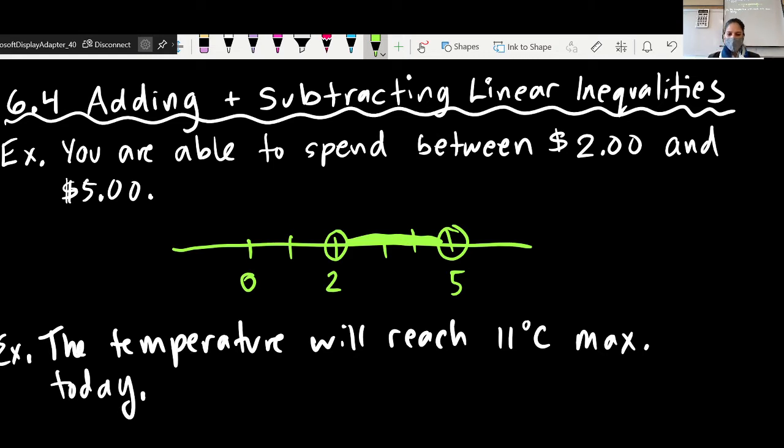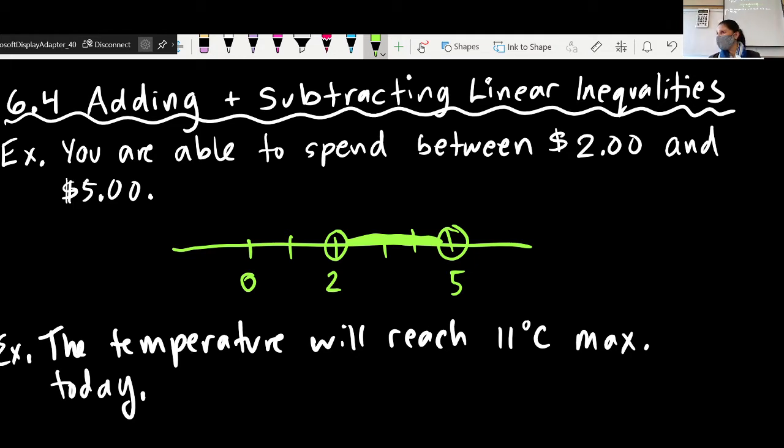But do I include the $2 and $5 or do I not? This is a matter of interpreting the information that's written there. If you are able to spend between $2 and $5, do we color in the circles? Does everybody agree? Yes? Debate?